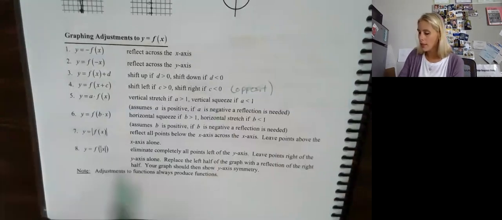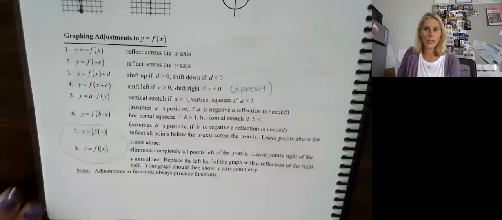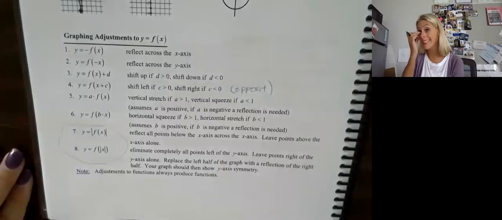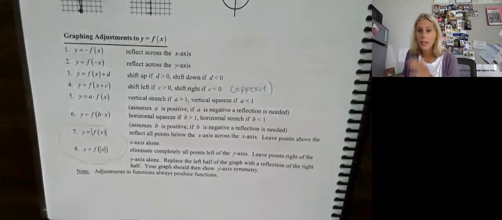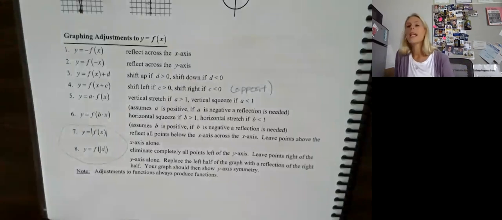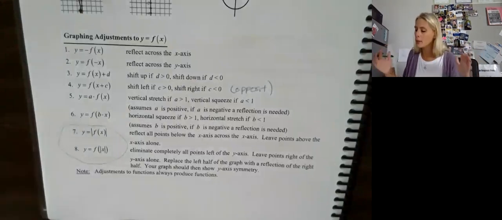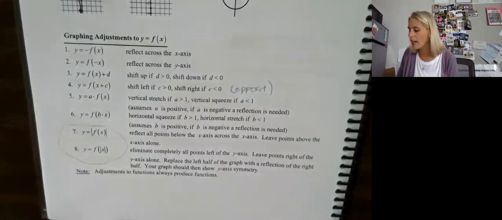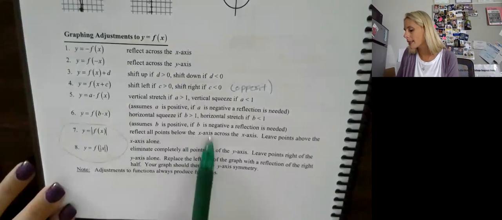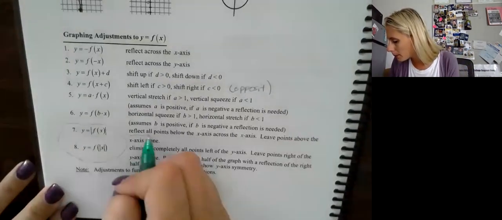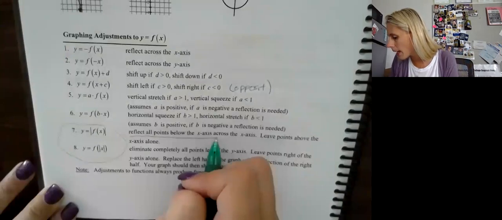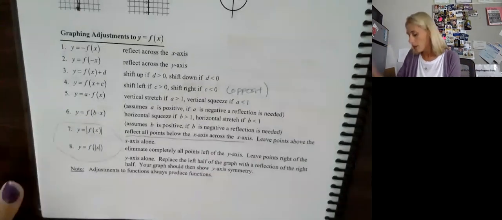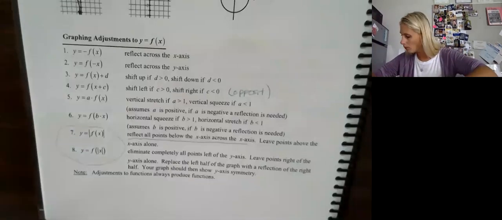Absolute value, these are the ones that are totally new to us. So you want to make sure that you're getting these down because it makes it graph easier. No graphing calculator, only checking on the graphing calculator. So if the whole function is in the absolute value, then what happens is you reflect all the points below the x-axis, and leave points above the x-axis alone.